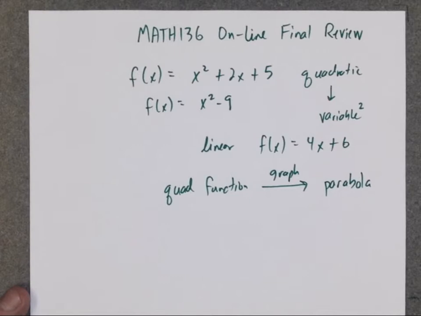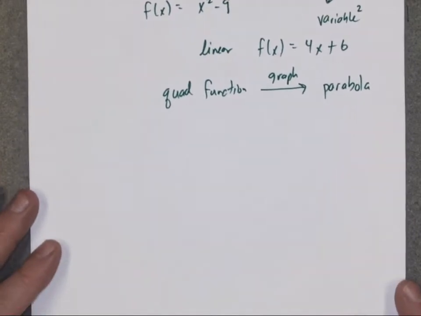So let's just take a minute and look at what a parabola looks like on the graph, and let's point out some of the important features of a parabola, because that's going to be important to help us answer some of these questions we're going to have.